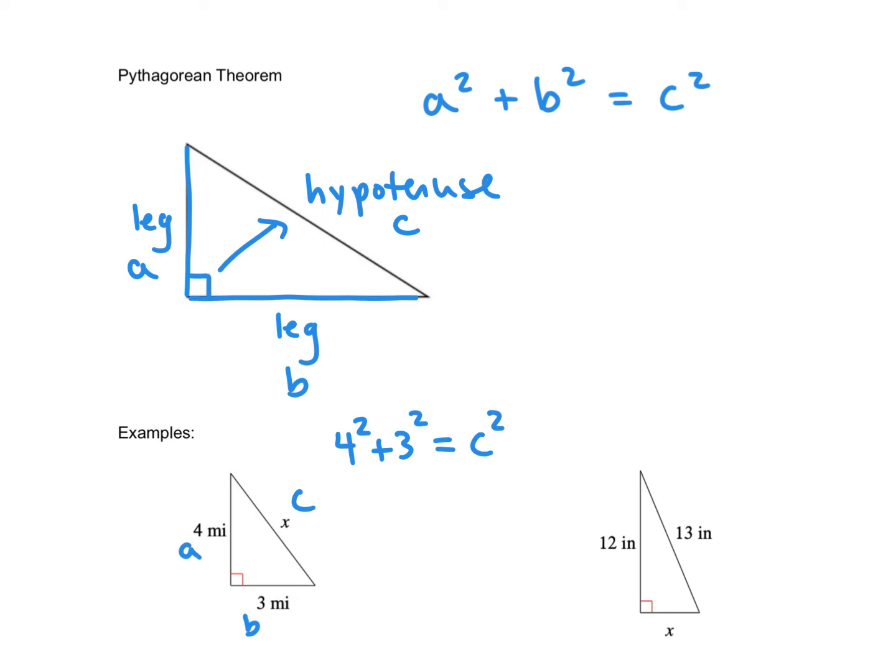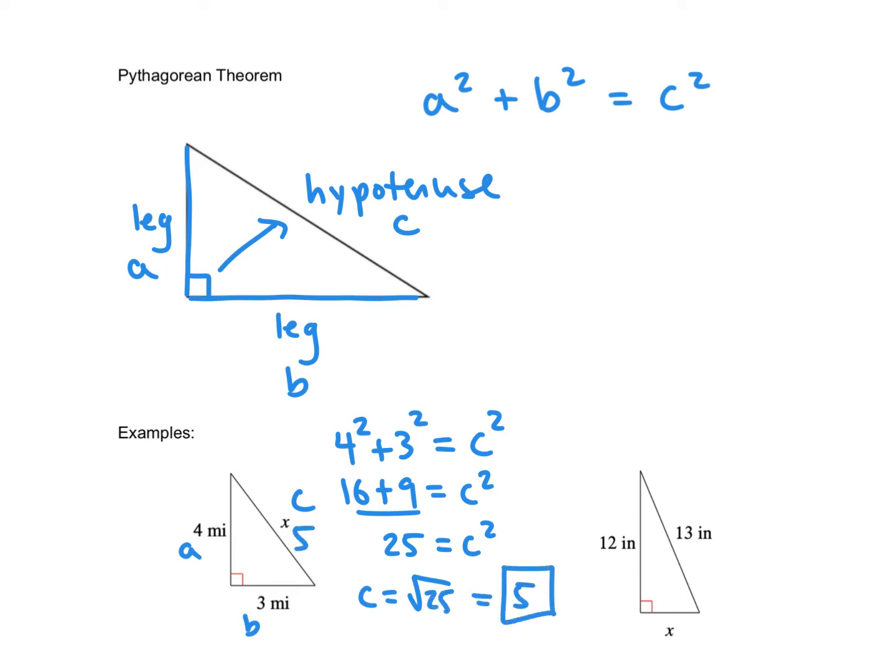Then I square those numbers. I do my exponents first. 16 plus 9 equals c squared. Add those together. 25 equals c squared. But I want to find c, so I need to square root 25. The square root of 25 is 5. And that would be the length of the hypotenuse in that triangle.